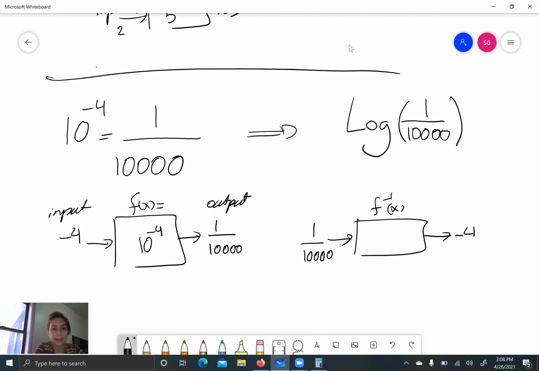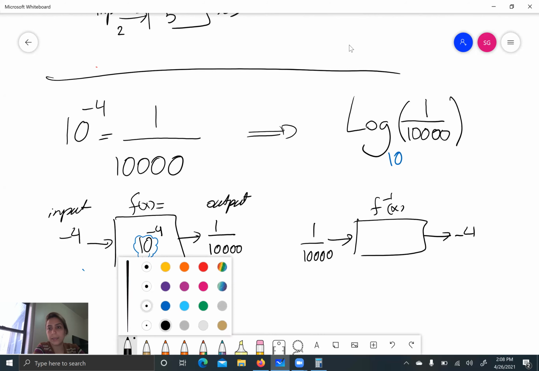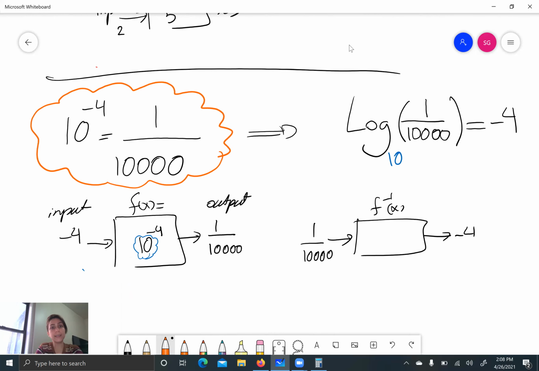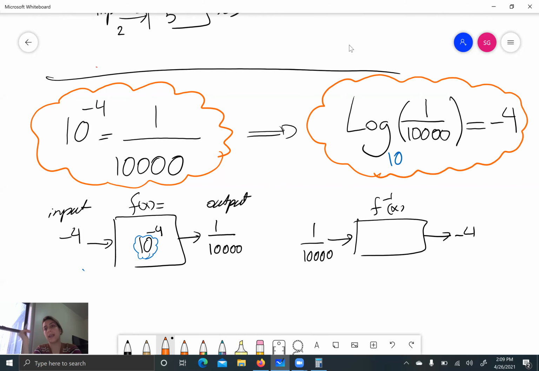The base is 10, you see? It's 10 to the power of, so the base goes here, and it should return me the input value, which is negative 4. So equivalently, you can either say 10 to the power of negative 4 is 1 over 10,000, or you can say logarithm of 1 over 10,000 to the base 10 is negative 4.